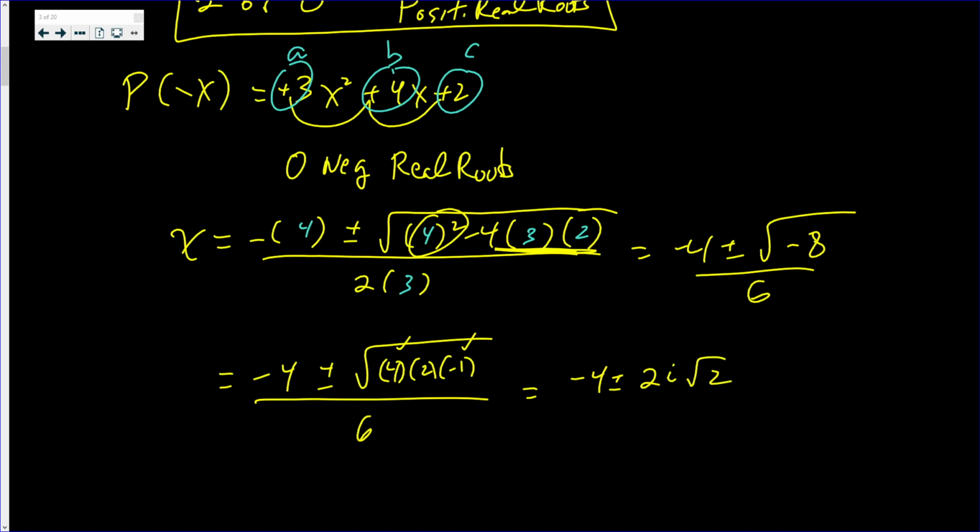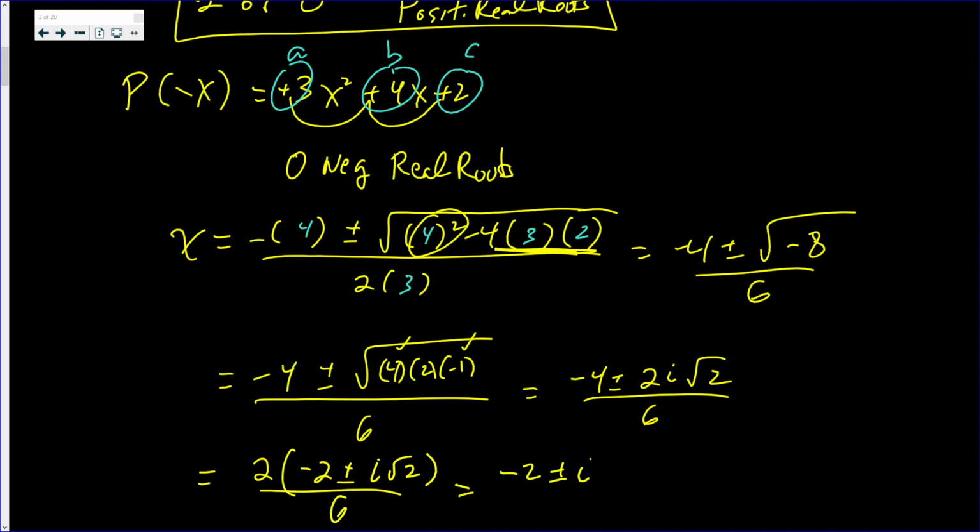And I do not know the square root of 2. All of this gets divided by 6. I can factor out a 2. I get negative 2 plus or minus i square root of 2 over 6. The final answer will be that over 3, because 2 goes into 6 3 times.